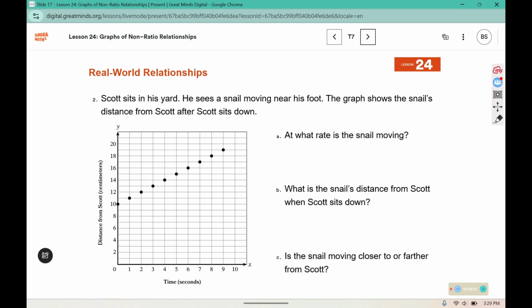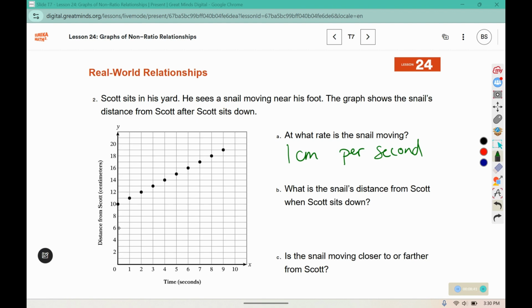2. Scott sits in his yard. He sees a snail moving near his foot. The graph shows the snail's distance from Scott after Scott sits down. At what rate is the snail moving? Well, in 1 second, it goes 1 centimeter. So it is moving at a rate of 1 centimeter per second. What is the snail's distance from Scott when Scott sits down?